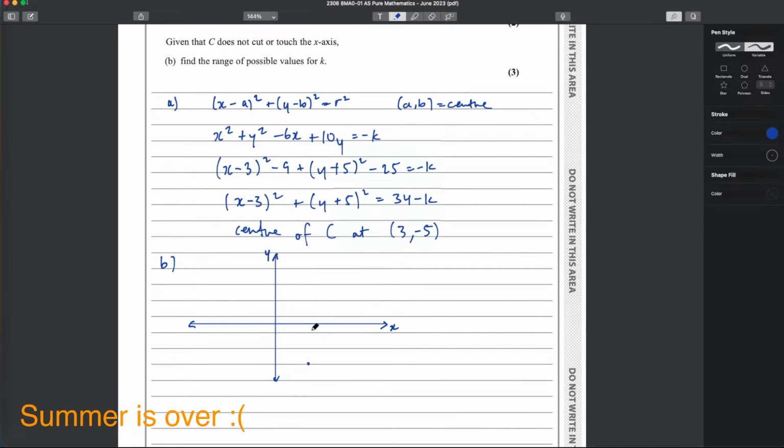And the circle does not cut or touch the x-axis, so we have a limit on the size of the radius. Okay, something like that.